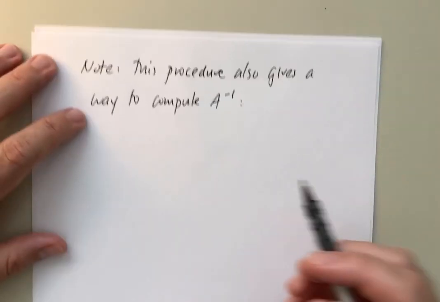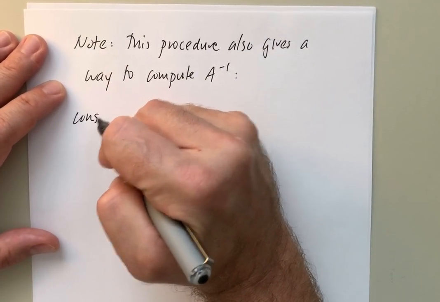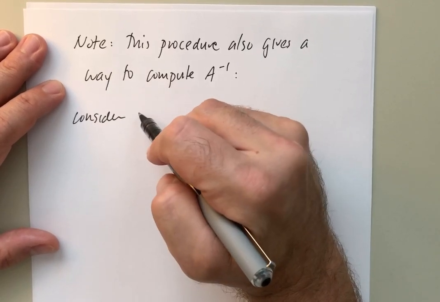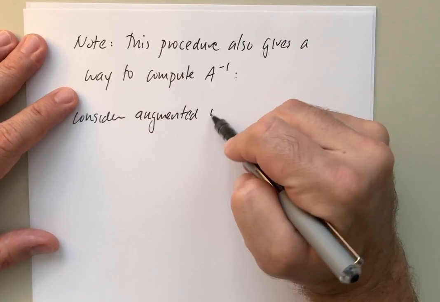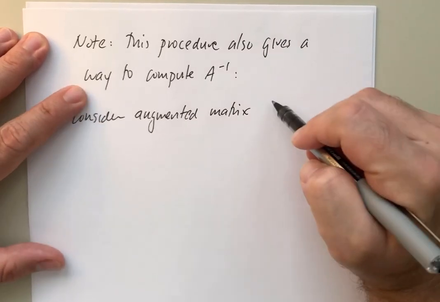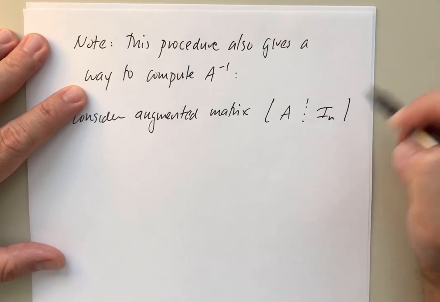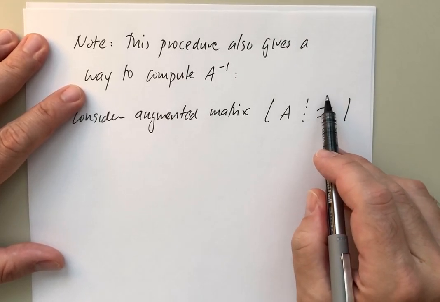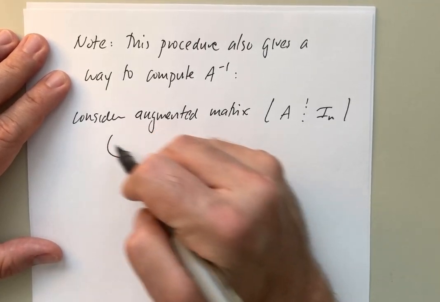And what you do, I'm just going to do this a little bit quickly here, is consider the super augmented matrix. I take A over here, and then over here I take the identity matrix. So this is going to be 1, 0, 0, 0, 0, 1, 0, 0, right? So I take that matrix and I row reduce.